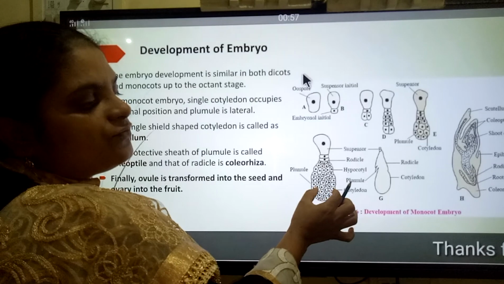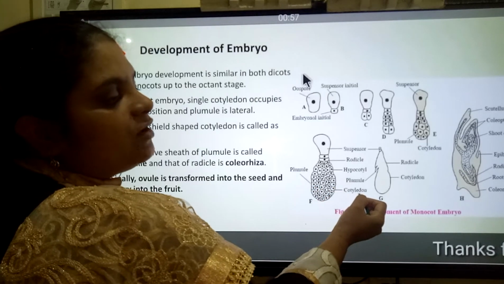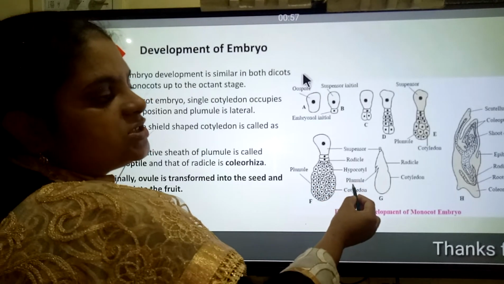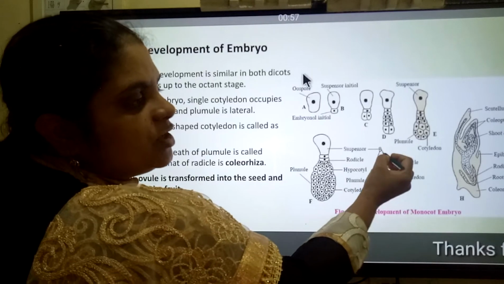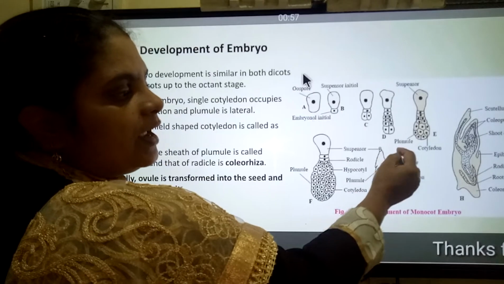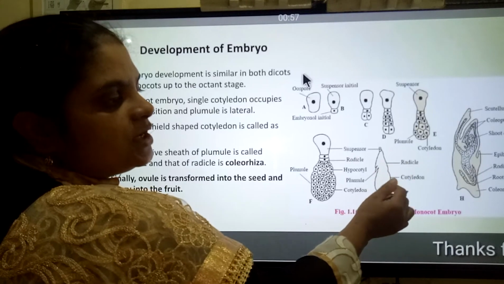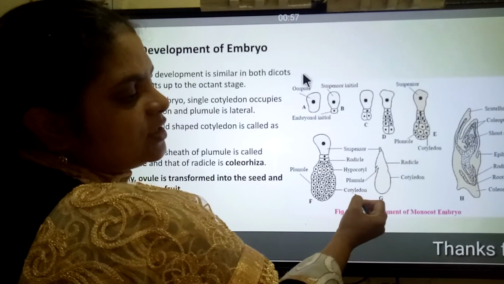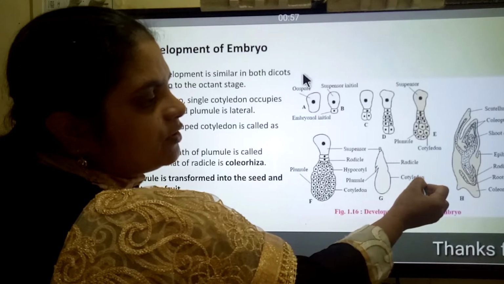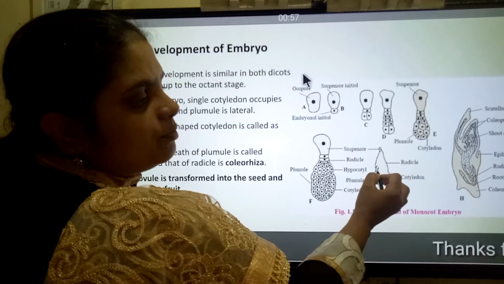The mass of cells forms the cotyledon and plumule. Here the suspensor becomes smaller, and this shows larger growth of the mass of cells. Now we can easily make out a single cotyledon, then the plumule, and this one is the radicle.